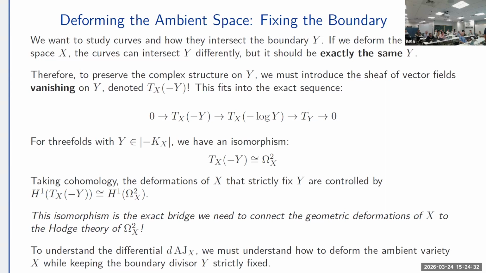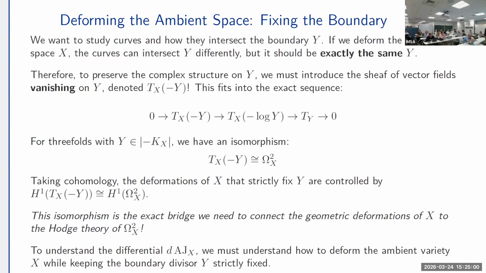Y is going to be in minus K of X. Using some contraction here, you have an isomorphism like this. And if you take cohomology, you end up with an isomorphism of H^1. So on one side of the equation you have a deformation problem, and on the other side you have something Hodge theoretic.